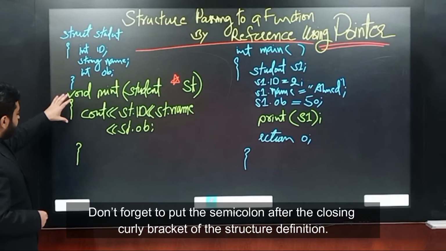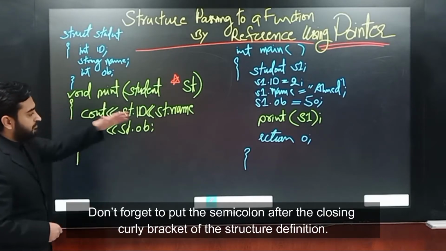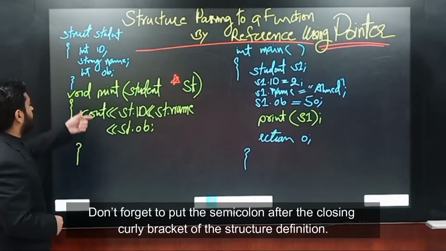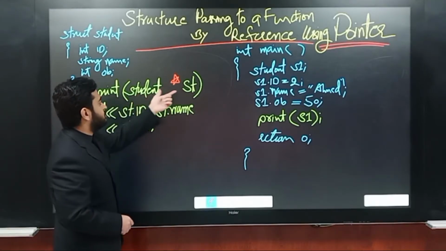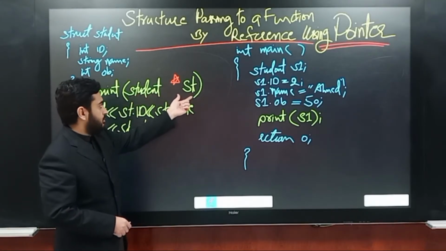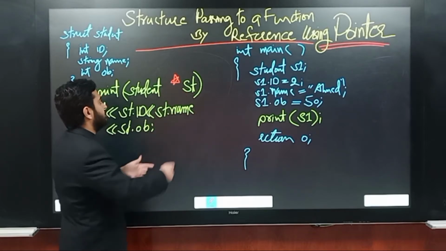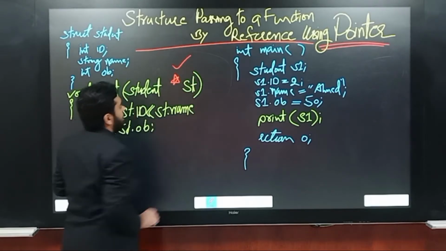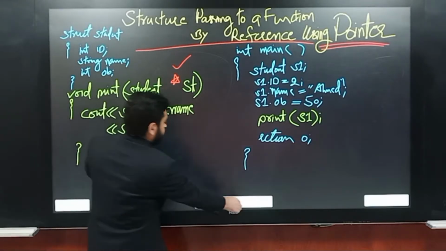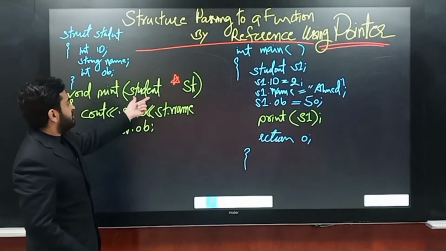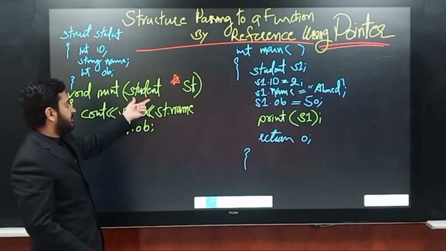We have also defined a user defined function before the main function, with no return type, and the function name is print. We declare a variable which is actually a pointer, because we have used the pointer operator, the asterisk, with the student type.